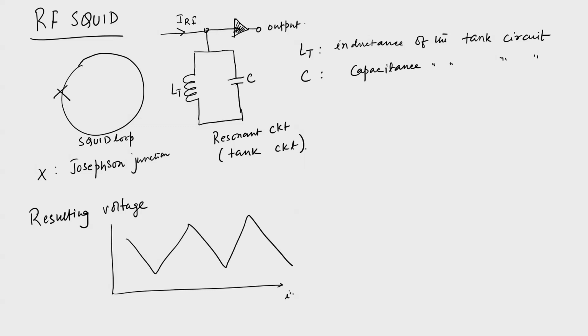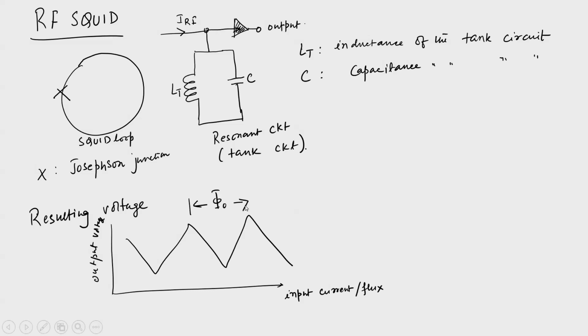You can call it either the input current or the input flux, and this is the output voltage. It has a sawtooth wave pattern with a period given by the flux quantum, phi 0.